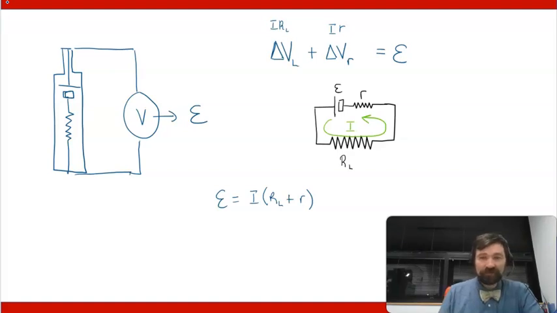That in turn allows me to figure out how much voltage drop I actually get across the load. It's going to be I times R load, but I itself, the current, must be epsilon divided by R load plus little r. That's just using series circuit analysis.